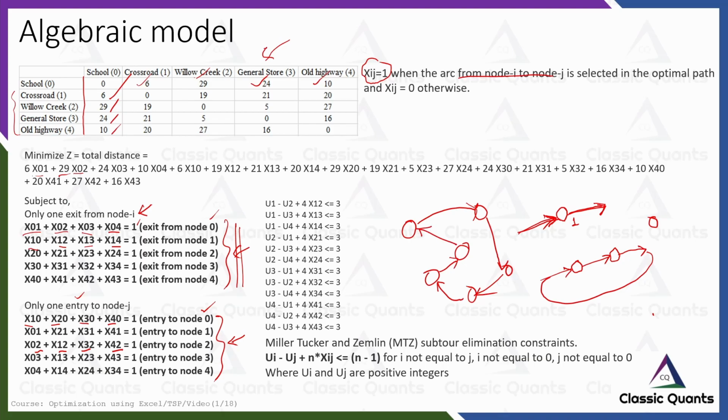But if you just go by these two sets, then nobody is stopping you from having this type of network. For example, I start from here, I cover these 3 nodes and complete the tour. If we want to eliminate these types of possibilities, then we have to write what is called a sub-tour elimination constraint.